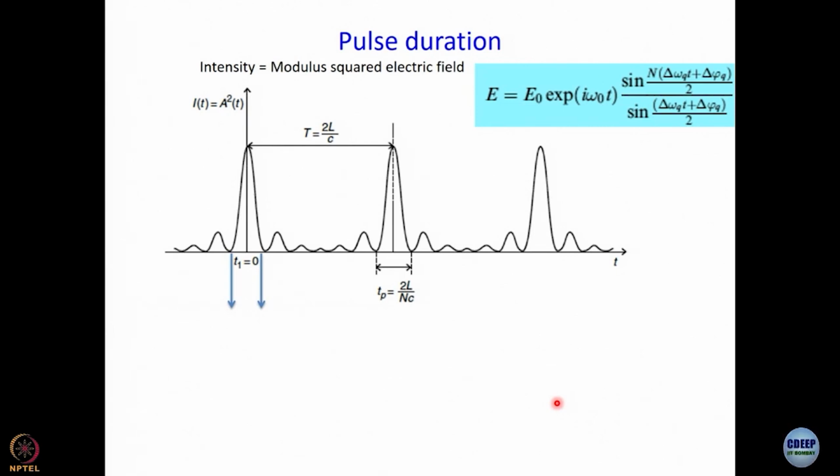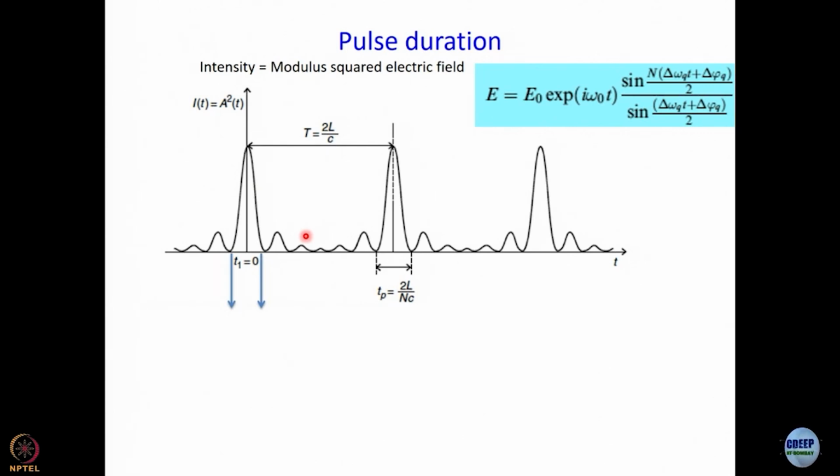Otherwise, pulse shape and all that will come. If you want to consider all the longitudinal modes, let us see the time about this big maximum where your intensity becomes 0 before and after. The difference between these two times is going to give me the pulse duration.